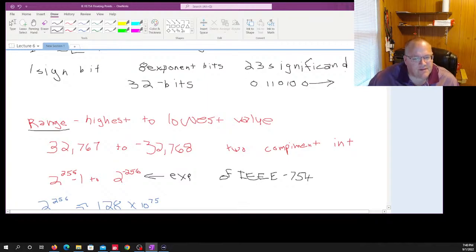There's a lot of them there. So if we lose that one way out there at the 23rd spot, who cares, right? That's 2 to the negative 23rd. It doesn't matter. It just isn't important.